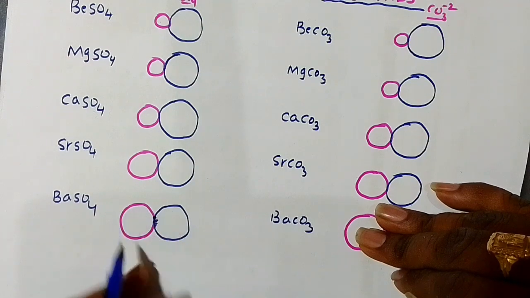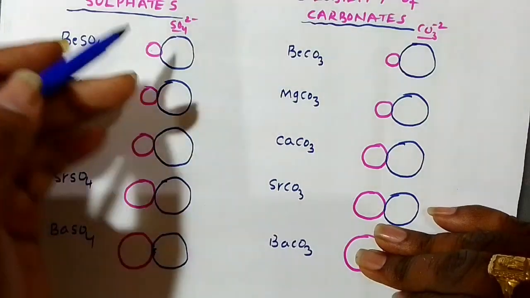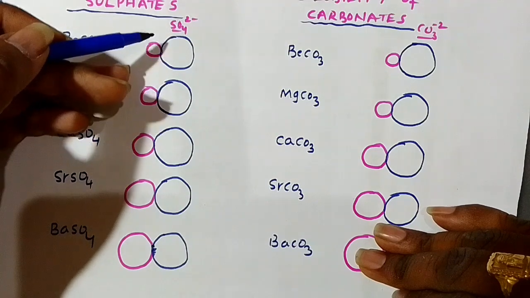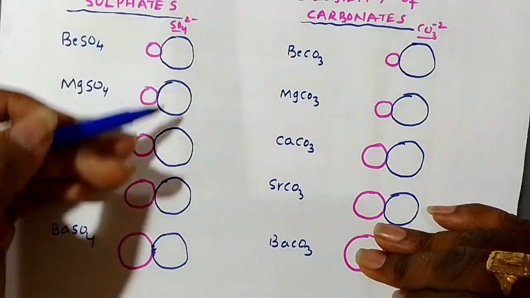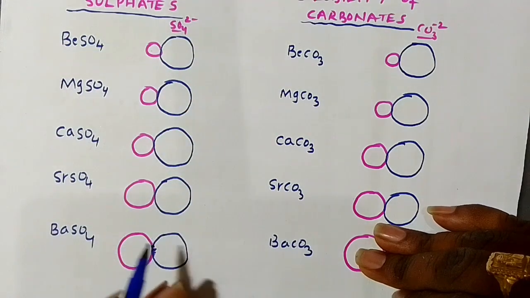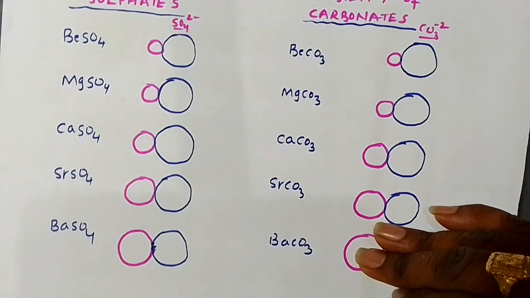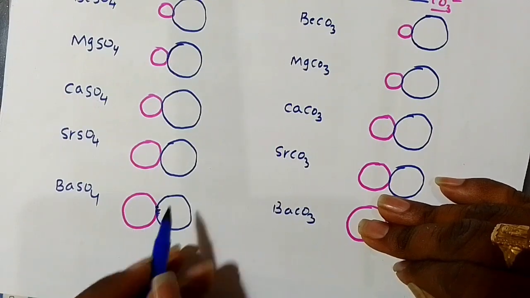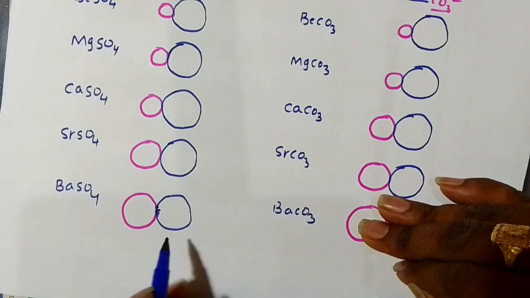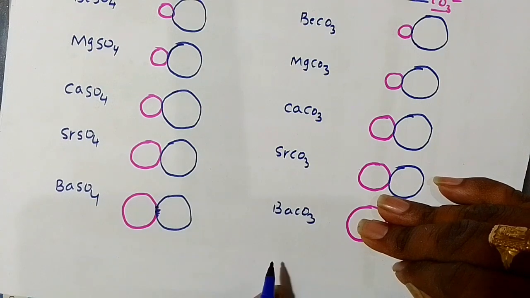So lattice energy is more. Moving from top to bottom, size difference decreases and lattice energy increases. Already you know that if the lattice energy increases, solubility decreases.